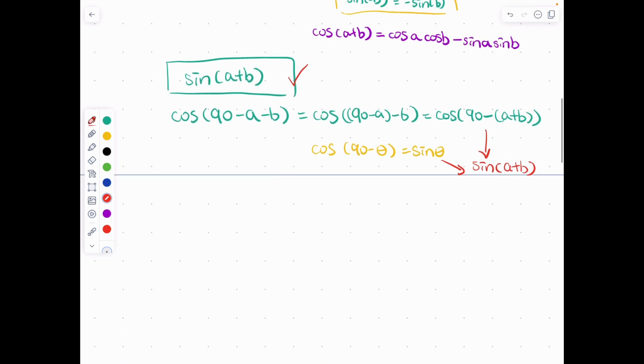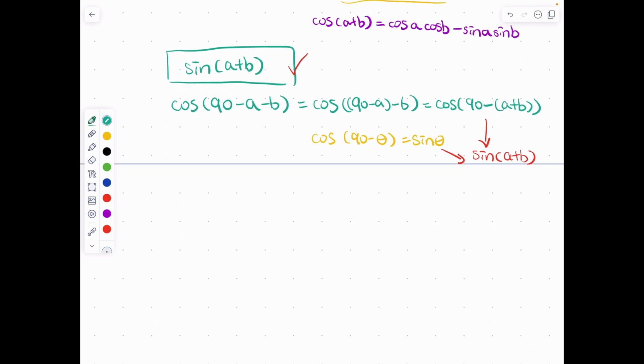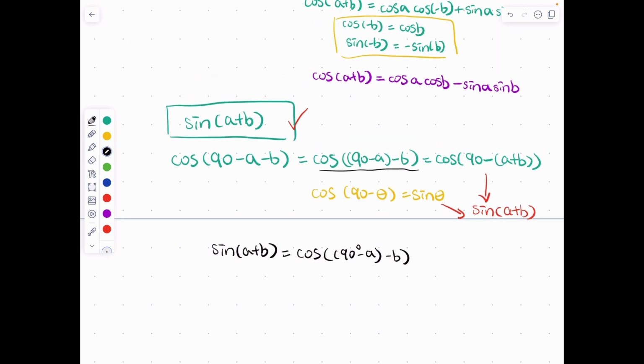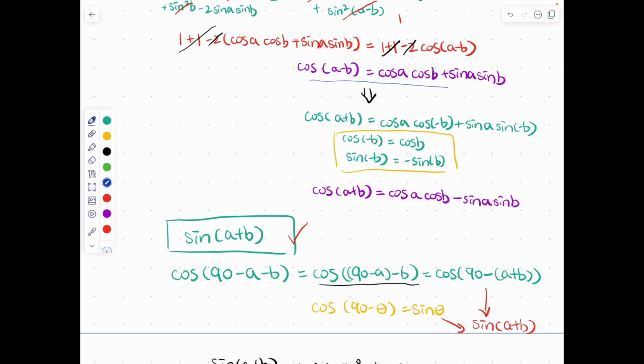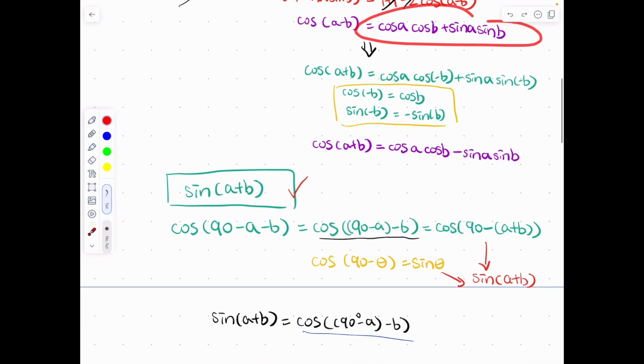So essentially, we're going to try to find sine of a plus b, and that's also equal to cosine of 90 degrees minus a minus b. So what is that equal to? We have the formula up here: cosine A cosine B plus sine A sine B, right? Let's carefully write it down.